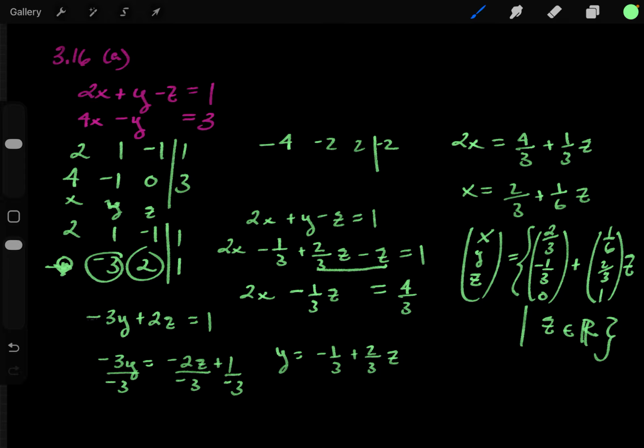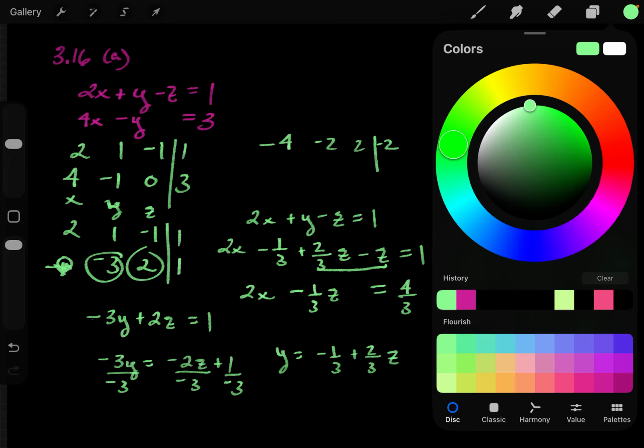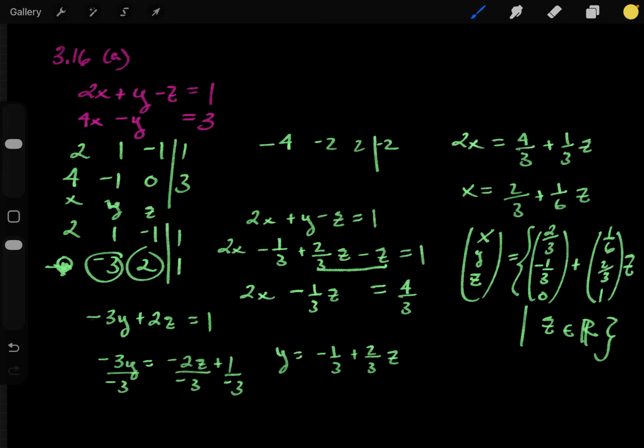Now, we should see that this here is going to be a particular solution. And then this is a homogeneous solution. So let's check to make sure that this here is a particular solution. So 2/3, right, is 4/3 plus y is negative 1/3, and then z is 0 should equal 1, right?